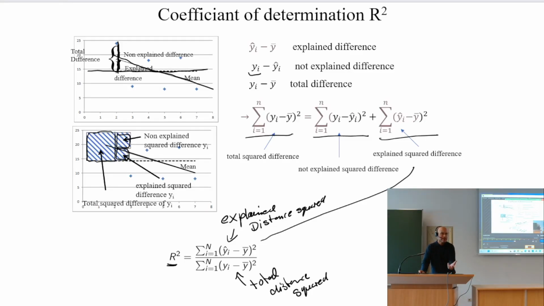And since this is the case, then we say if this number is 0.7, okay, our model explains 70% of the dispersion of our data set.